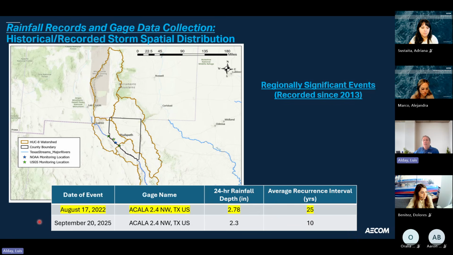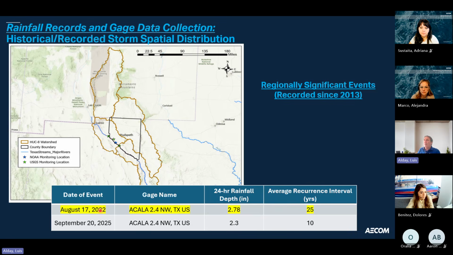Based on this precipitation information, we ran the 2022 rainfall on the entire watershed that contributes into Fort Hancock. The reason for doing that is we were willing to understand the flood extent for those events. And since they are very recent events, we were willing to talk with you, as someone that is familiar with the Fort Hancock flooding, to make sure that our results relate to what you have seen during existing conditions, because this is critical for us.